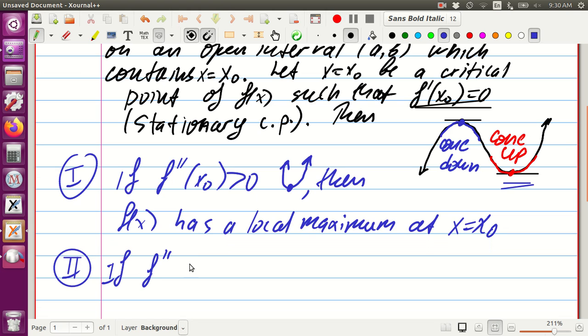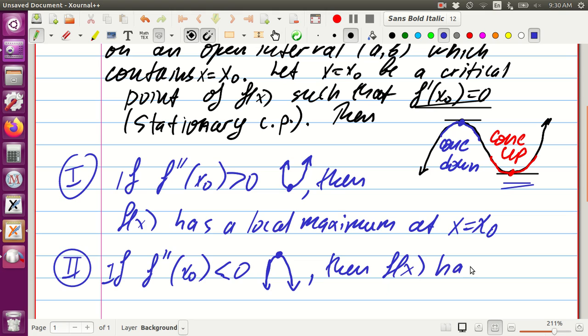If f double prime at x sub 0 is less than 0, so the function looks like this, and we're on the top, then f of x has a local minimum, messed it up.